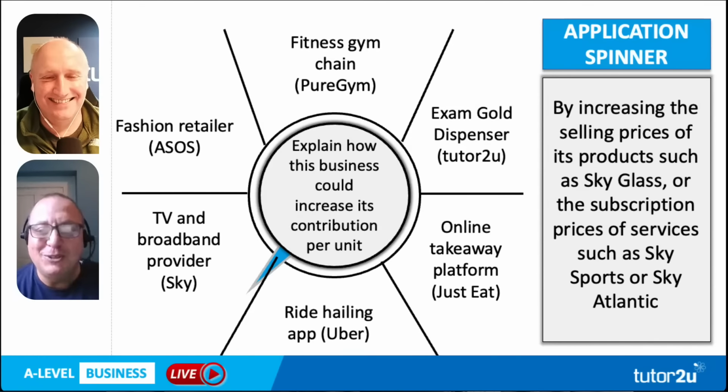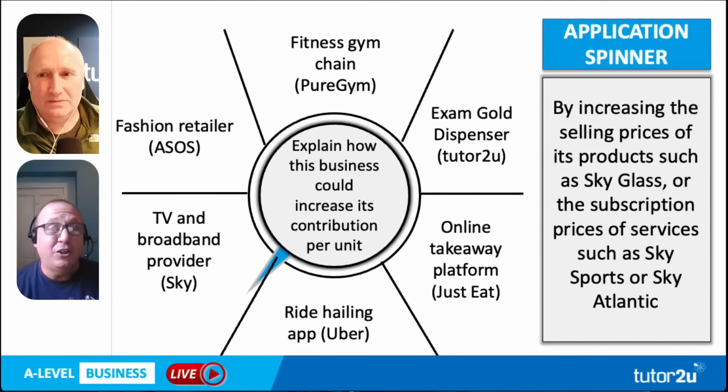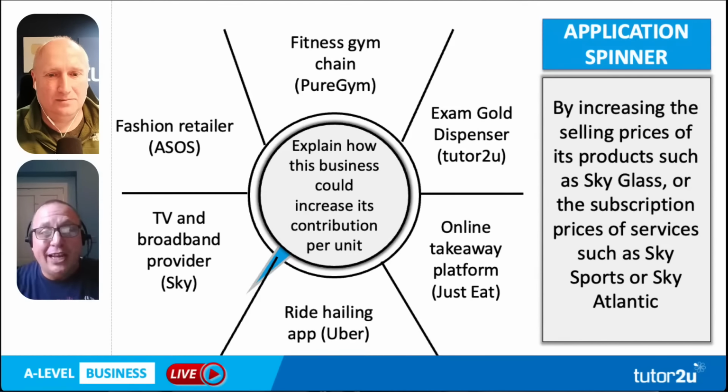Yeah, so using the words such as and then a little contextualized word, a bit of salt and pepper. You really do need to season your answer. If you look at Sky as an example, they've really reduced their variable costs per unit because they are phasing out the dishes and going for the puck.